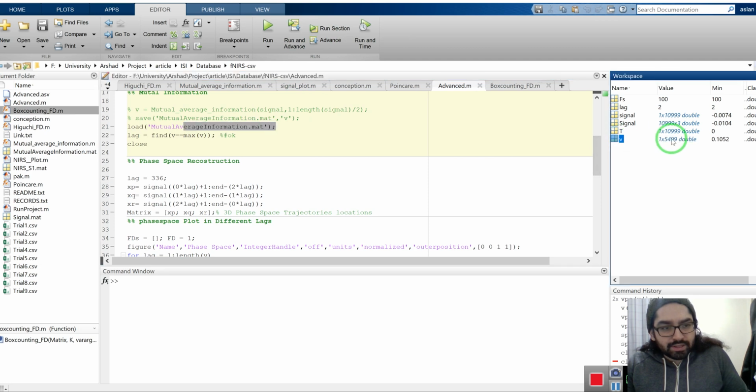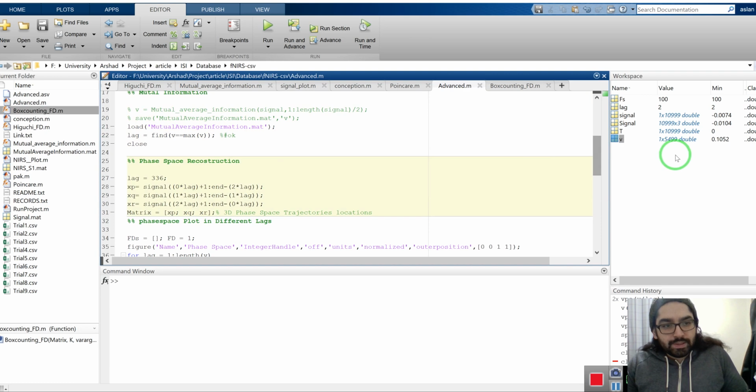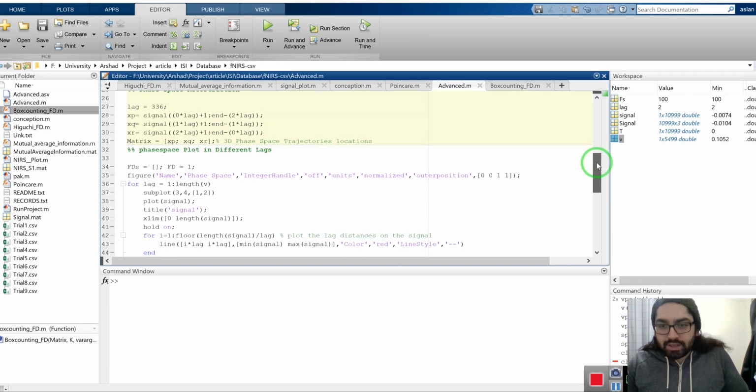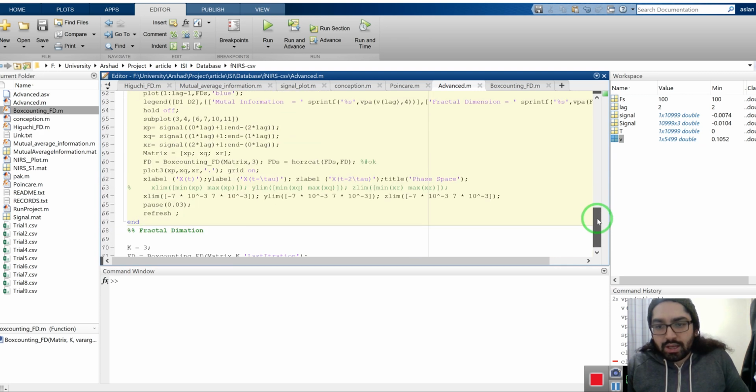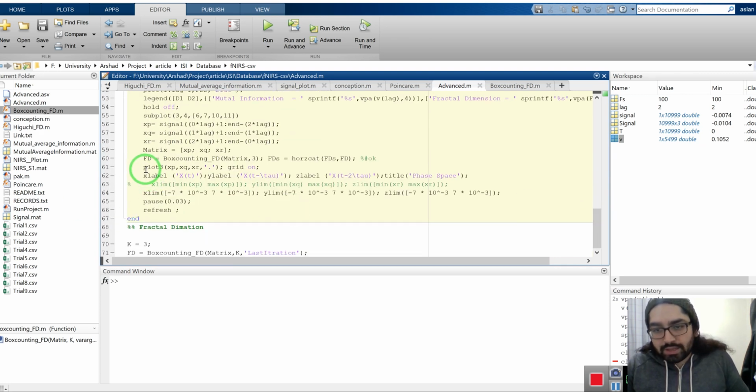As you see here, it has near 500 data, and in the next one, we want to plot its phase space using mutual information and also calculate the fractal dimension of this signal.